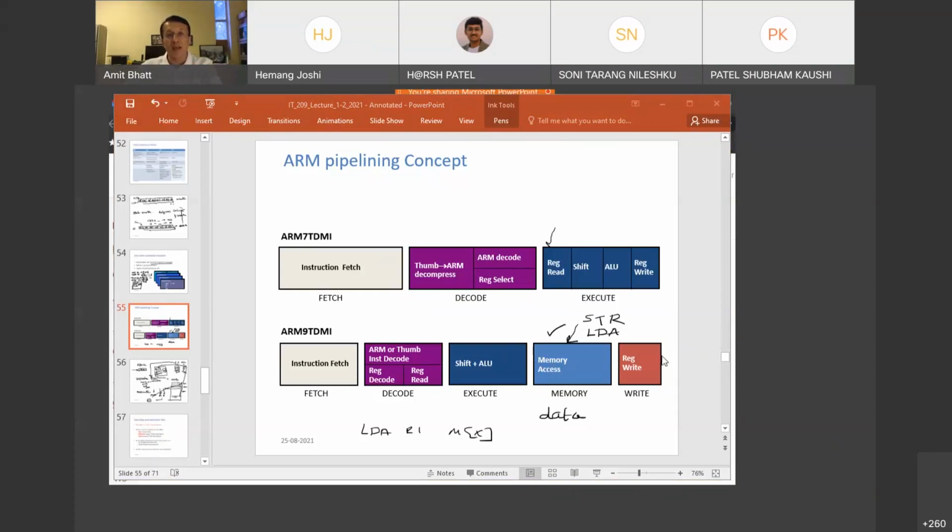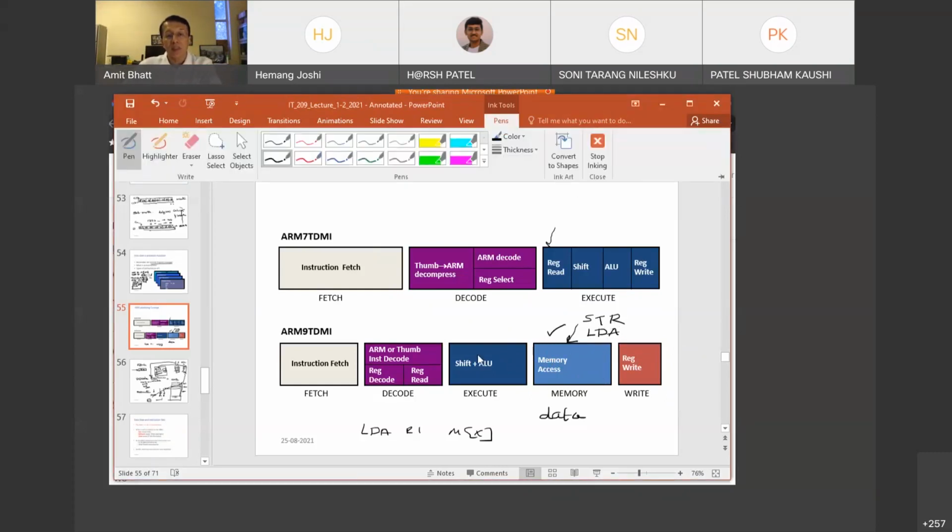No processing will be done on them, because this stage is not required for them. To give you an answer to your question, load and store will work only when they come to this stage, which is memory access, and this is where your data will be stored. And this thing has implications, which we'll see in implementation.